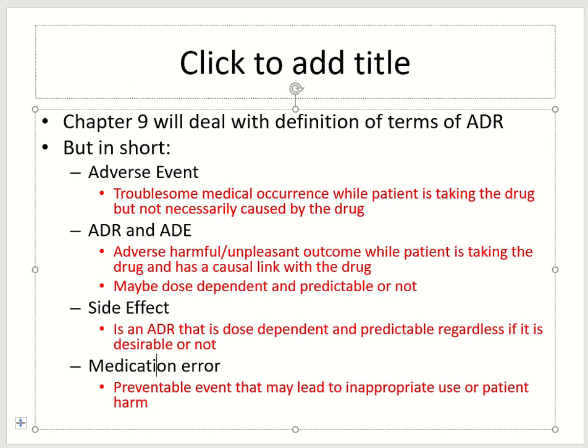So an adverse drug reaction is a harmful or unpleasant outcome while the patient is taking the drug and has a causal link with the drug. It may be dose dependent, it may be predictable, or it might be independent of those and unpredictable, which takes us to side effects. Side effects are when the ADR is dose dependent and predictable, regardless of whether it's desirable or not. And finally, medication error is a preventable event that may lead to inappropriate use or patient harm.